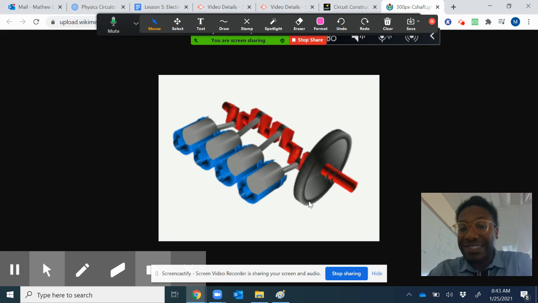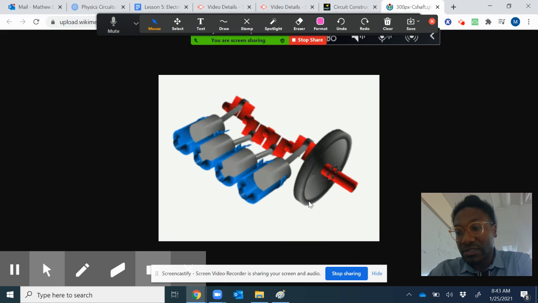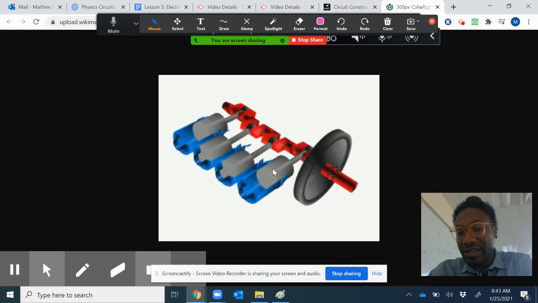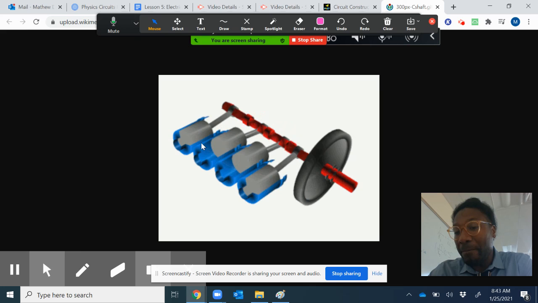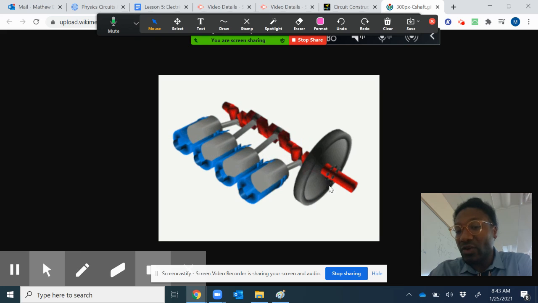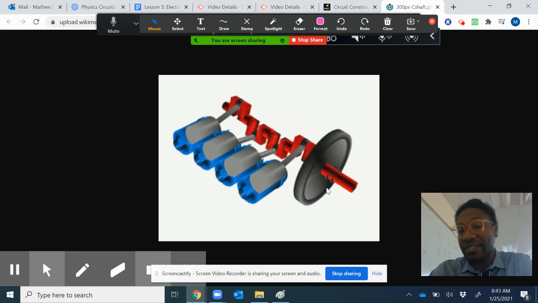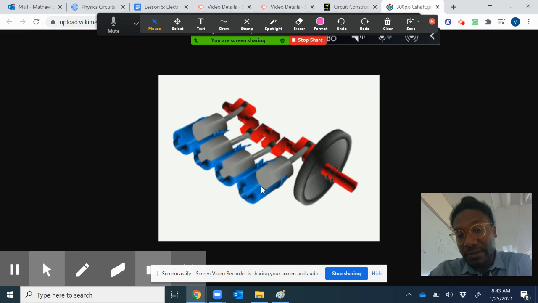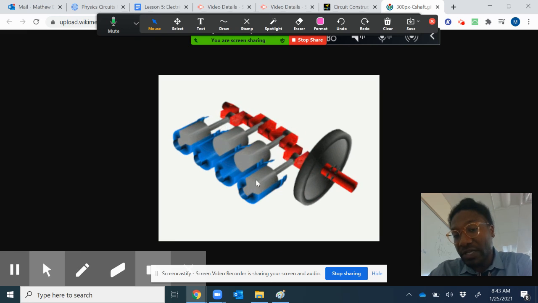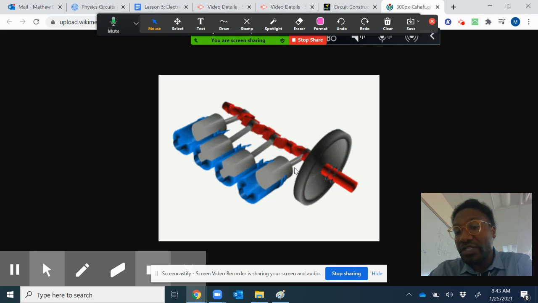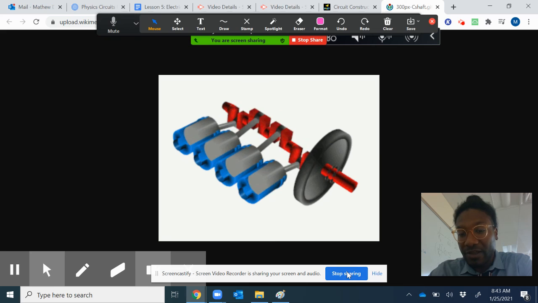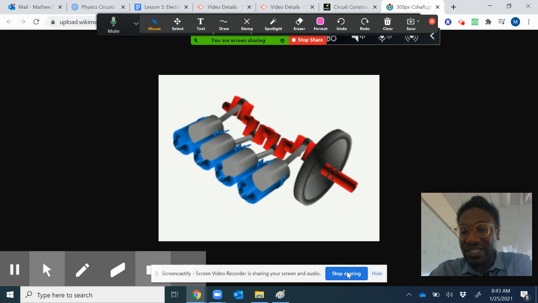So if you have a car that has high horsepower, these pistons are capable of moving tremendously fast, resulting in the wheel turning tremendously fast. If you have a car that has a lower horsepower, these pistons would move more slowly, causing the wheel to turn more slowly. All right, I think you're ready to start using this power formula.